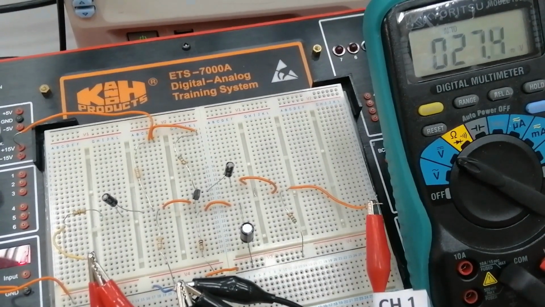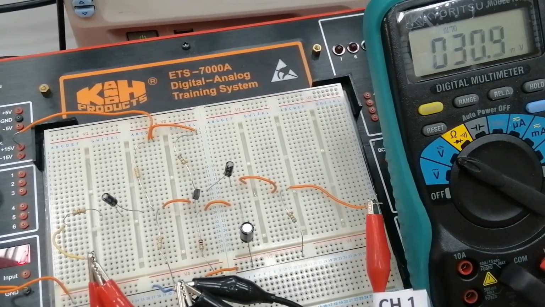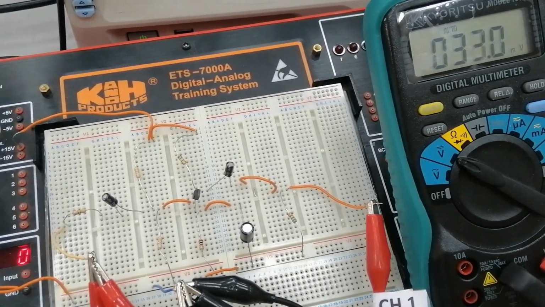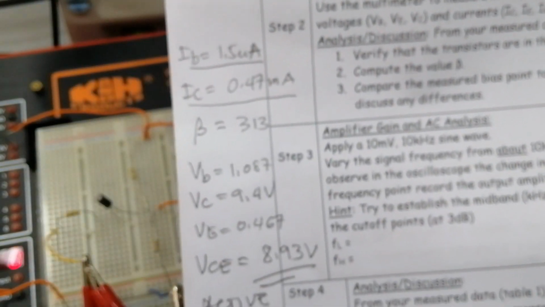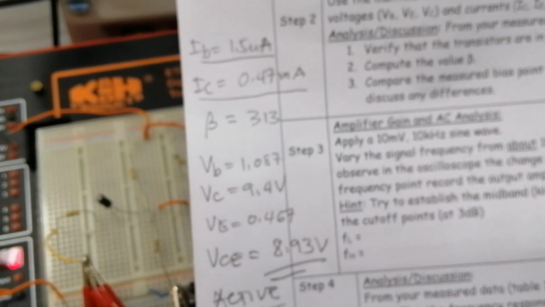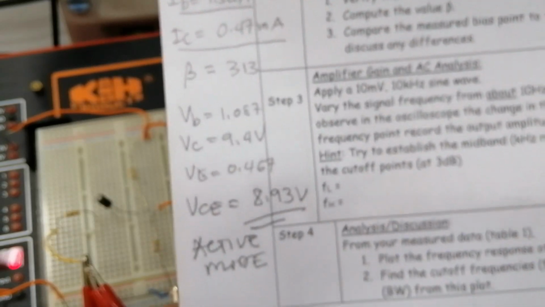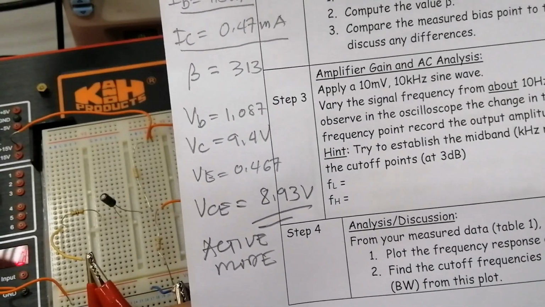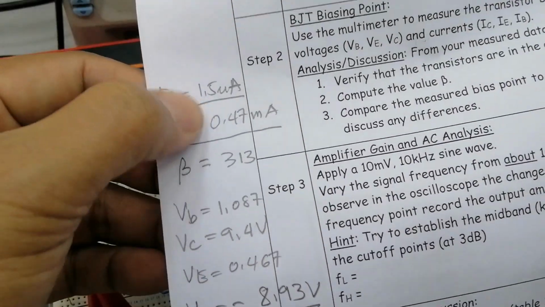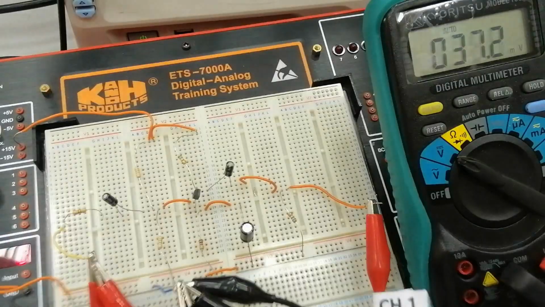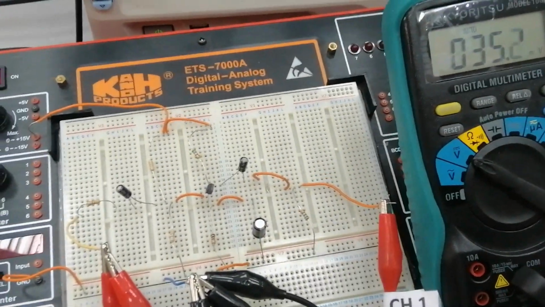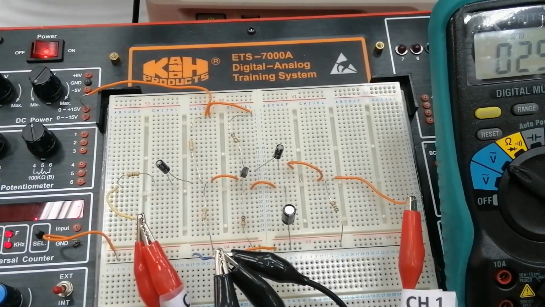That means this is in active mode. We have these readings: IB is 1.5 micro, IC, we have beta, VB, VC, VBE, VCE. Here you can calculate IE with these values. Now let's complete the table.